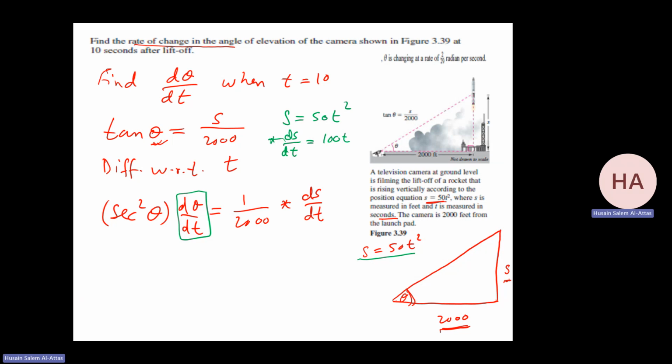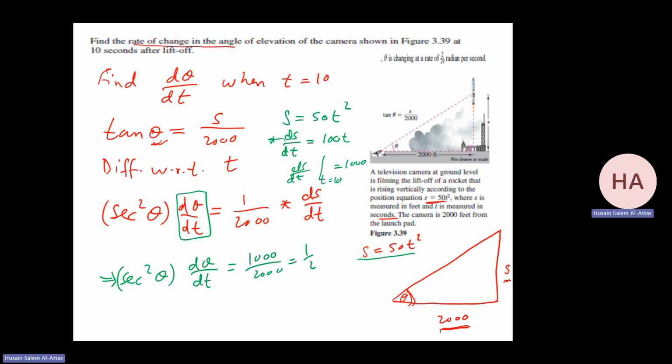No need for dt, since I am differentiating with respect to t. So what is dS/dt at t equals 10? That will be 1000. So I'm getting secant squared theta times d theta/dt equals 1000 over 2000, which is equal to half.